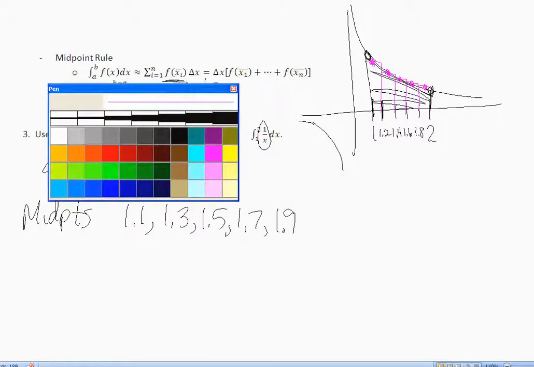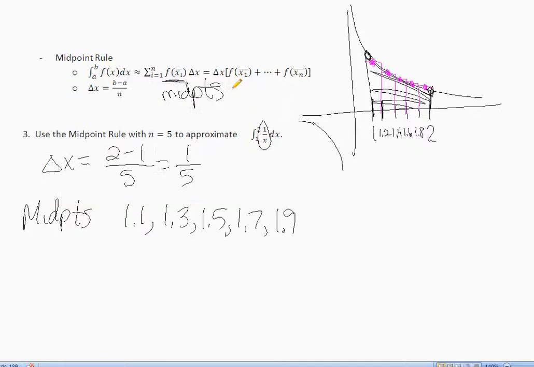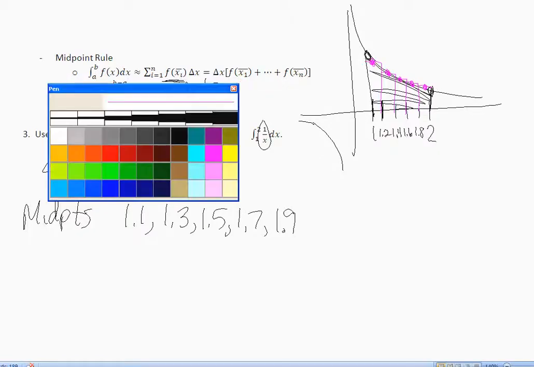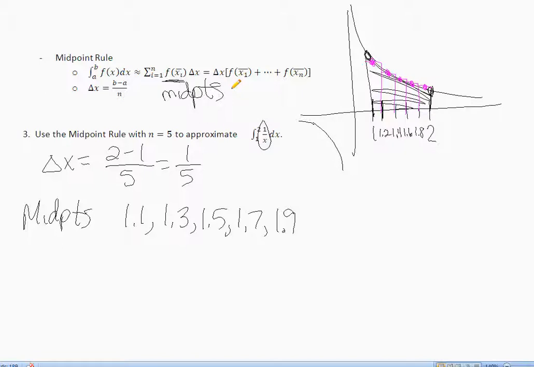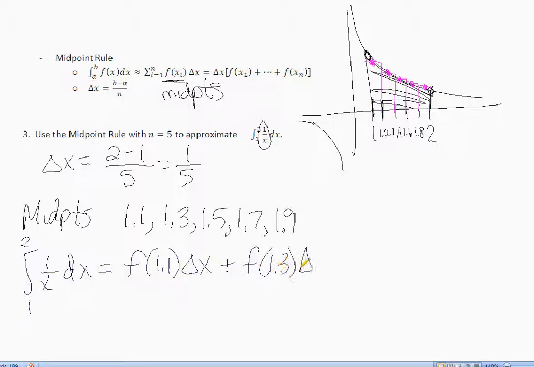So how do I do that? The integral from 1 to 2 of 1 over x dx can be found by doing f of 1.1 times delta x plus f of 1.3 times delta x plus f of 1.5. This is just length times width of each rectangle.